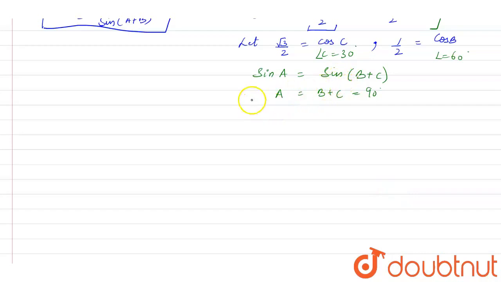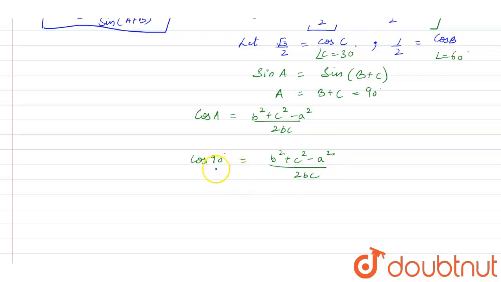Now we also know the formula for cos A, that is b square plus c square minus a square upon 2bc, right? Here, what is our angle A? Our angle A is 90 degrees. So let's put cos 90 degrees is equal to b square plus c square minus a square upon 2bc, right? Cos 90 is 1.